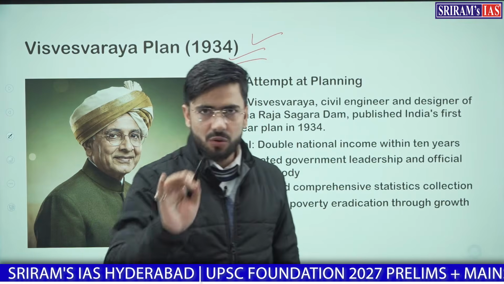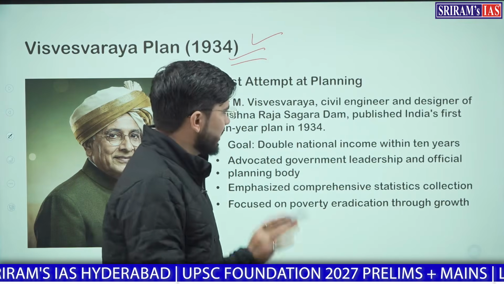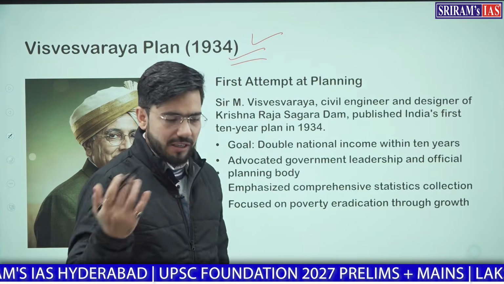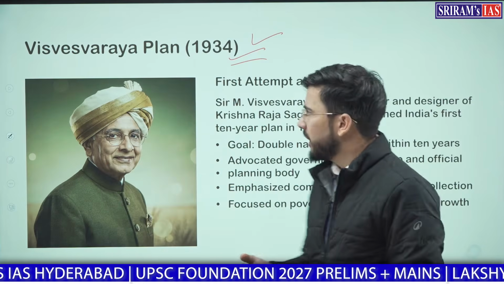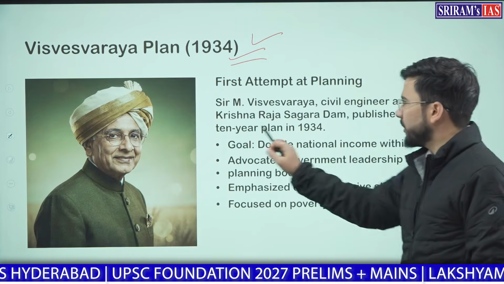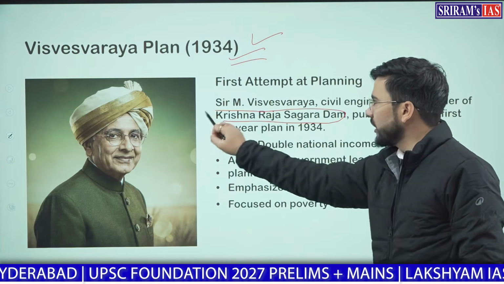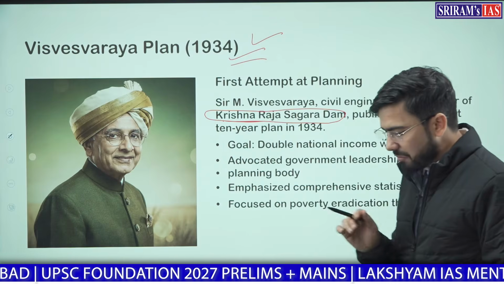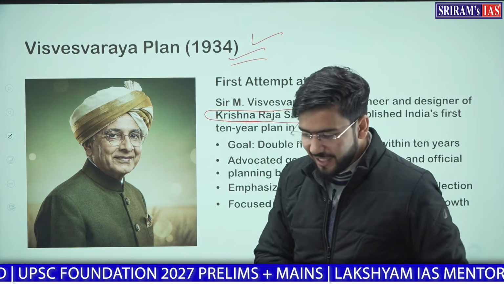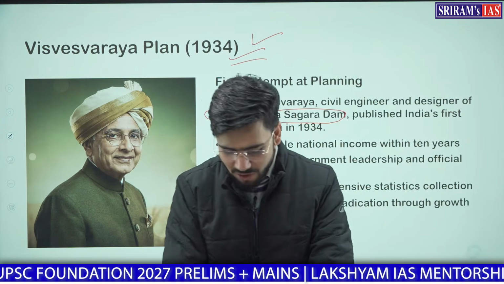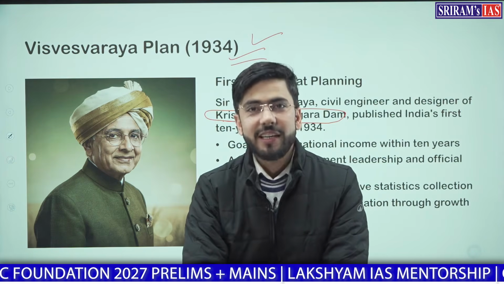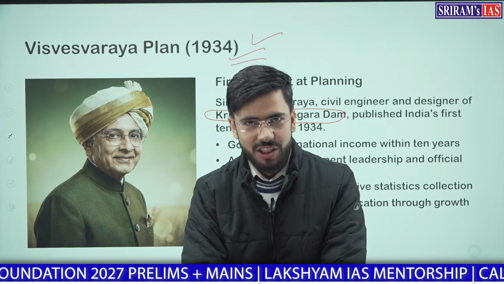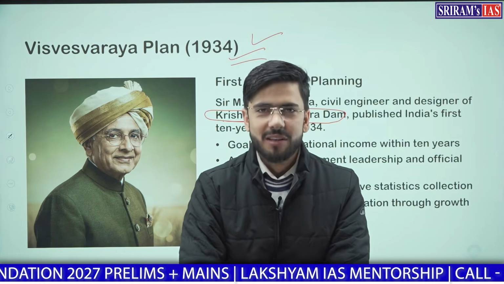This plan comes from a civil engineer, a designer of India's economy, the architect of Krishnaraja Sagar Dam. There is an irony with engineers, and there was a person who actually developed the Moniac machine. Do you remember his name?